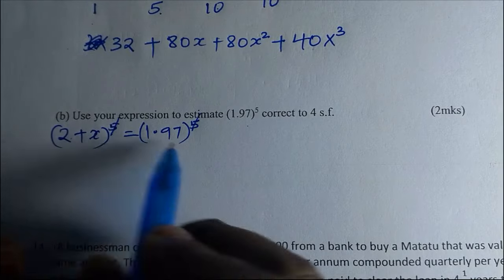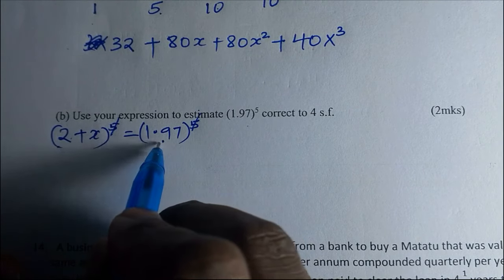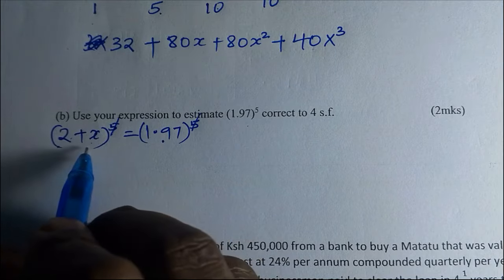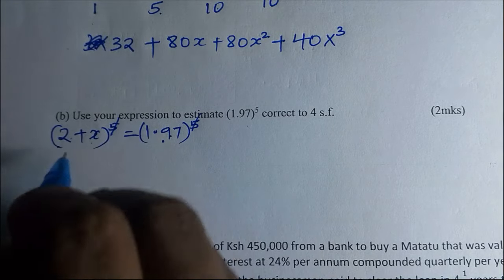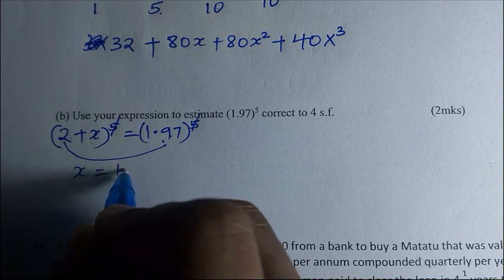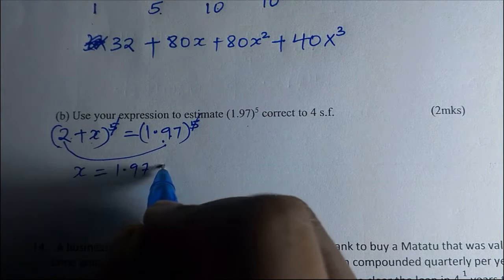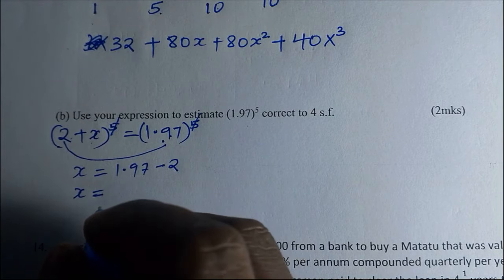This is a number and this is a number. So bring the whole number to this side. So we have x is equal to 1.97 minus 2. So x is equal to negative 0.03.